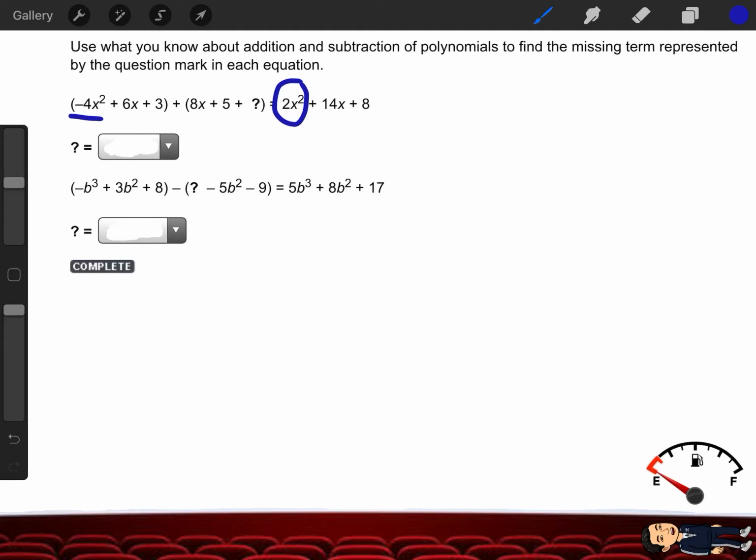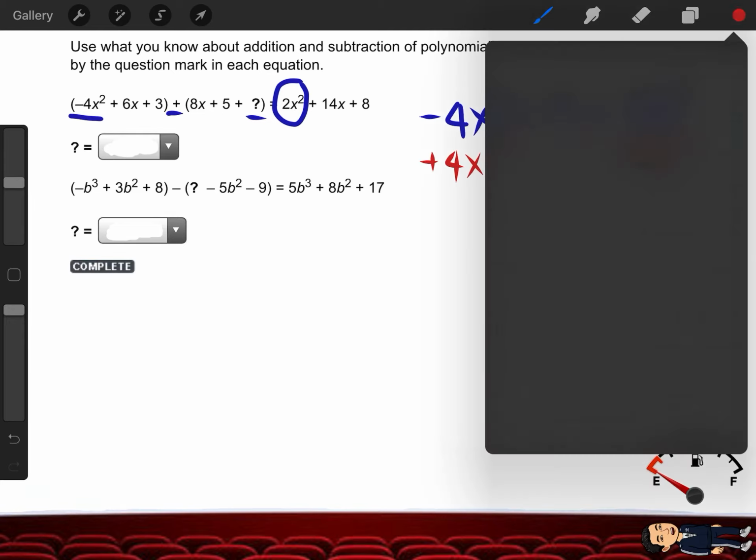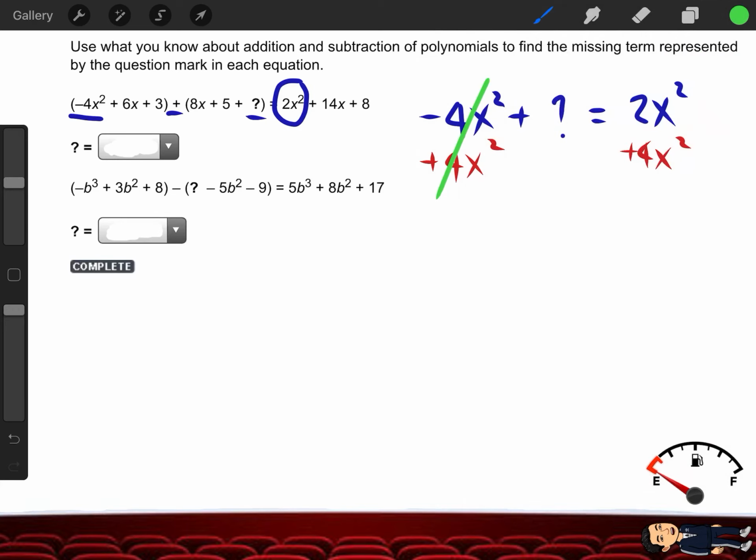Which means that your question mark is going to combine with negative 4x squared, plus the question mark, so you will get 2x squared. Okay, so what you can do is just add 4x squared on both sides. That allows you to cancel these and just focus on what the question mark is. So you just add them up, so you're going to get 6x squared. Okay, so here you're going to put 6x squared.